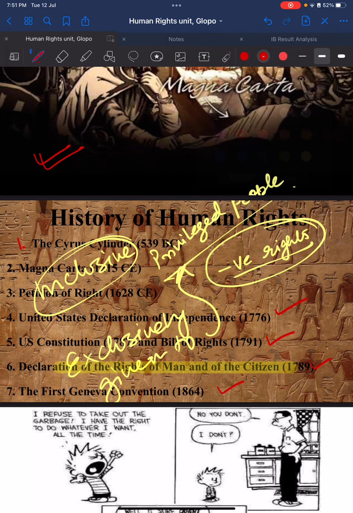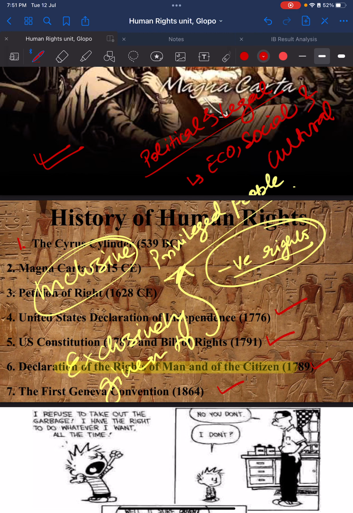Earlier this was limited only to political and legal, but over a period of time you see it is encompassing economic, social and cultural rights as well.